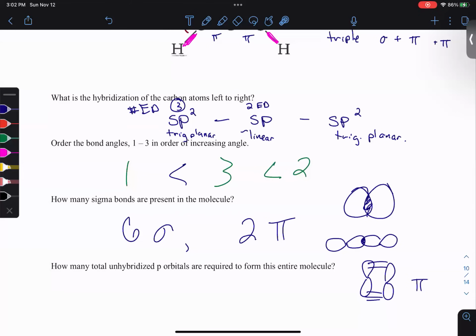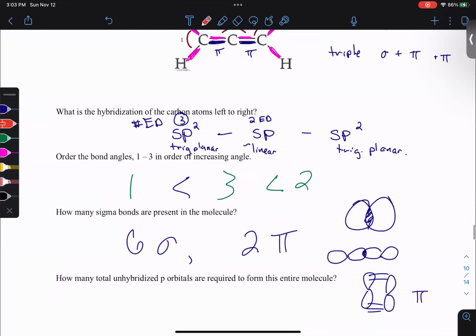There's actually 2 ways to do this. The easy way is to recognize that this molecule has 2 pi interactions. In order to make a pi interaction, you need 2 p orbitals.